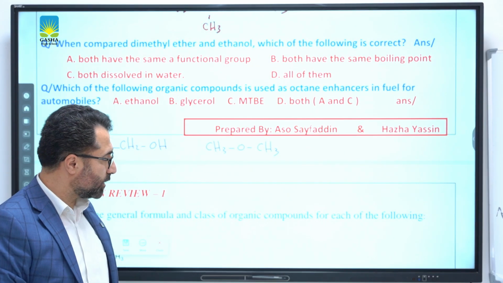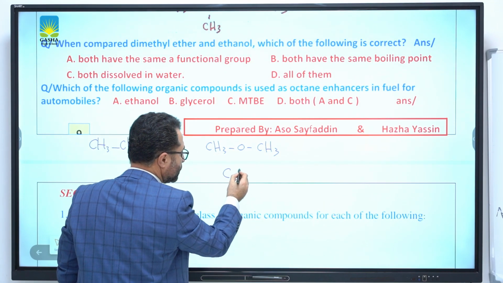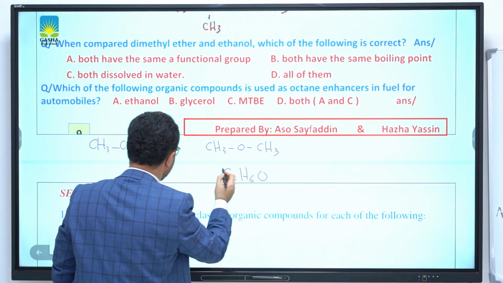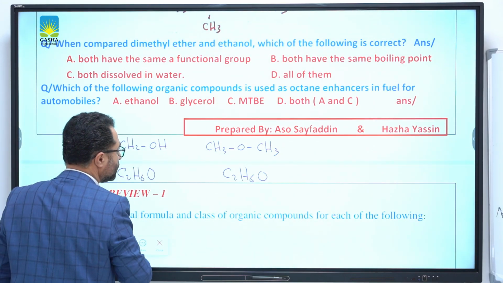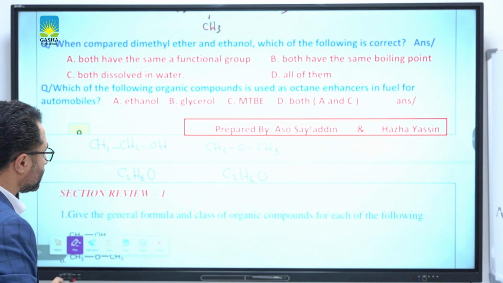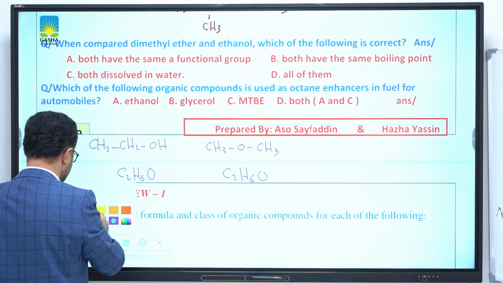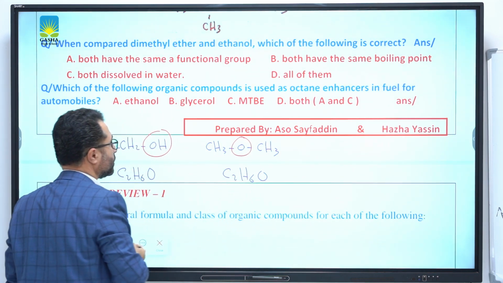Both have the same molecular formula, C2H6O. Which one is correct? A, both have the same functional group. It's incorrect. The functional group of alcohol is OH, but for ethers it is O, so it's not correct.